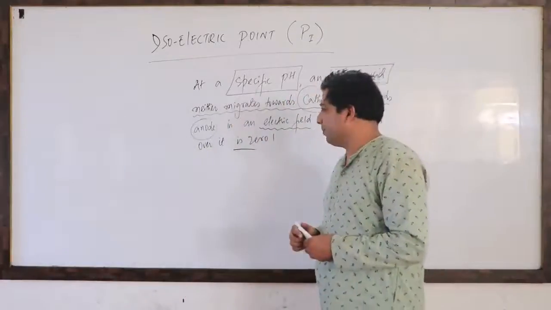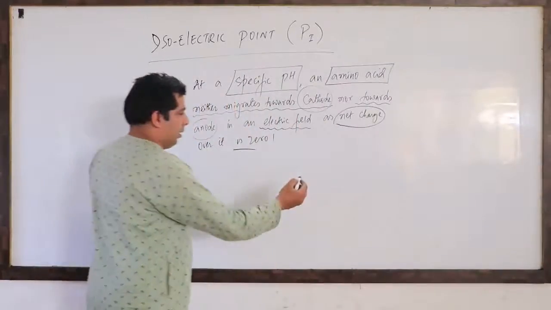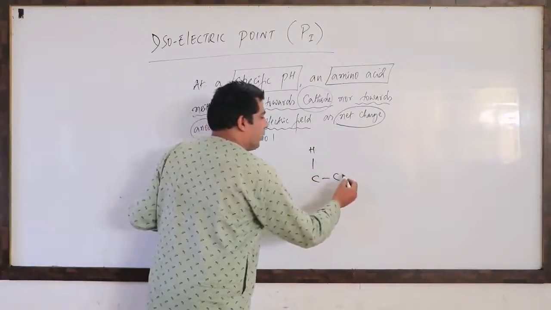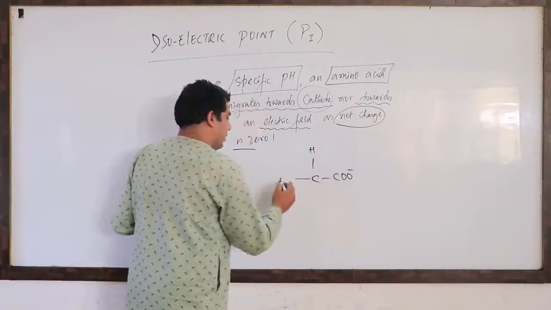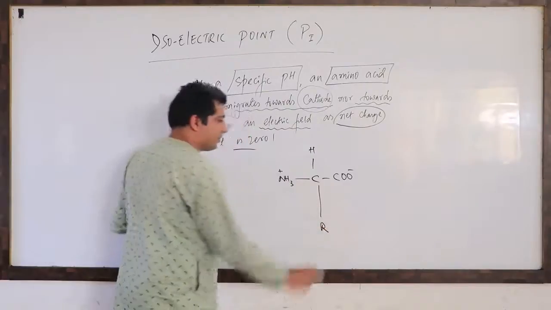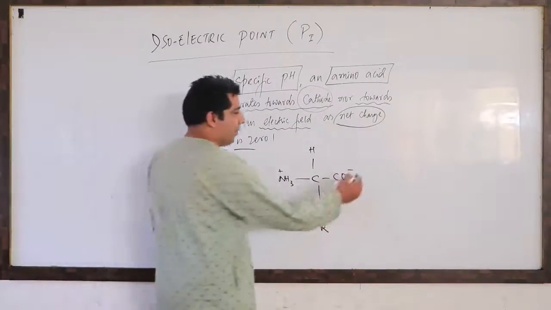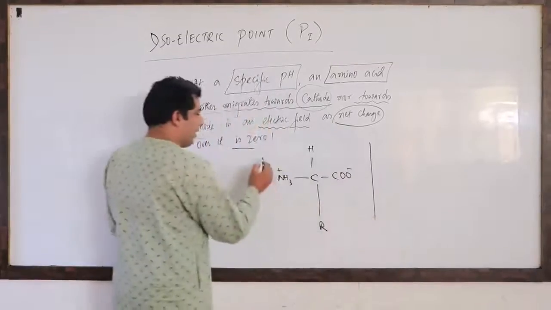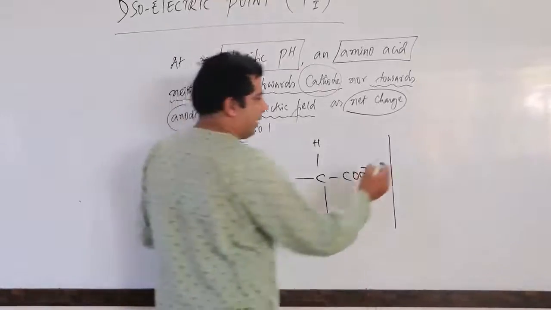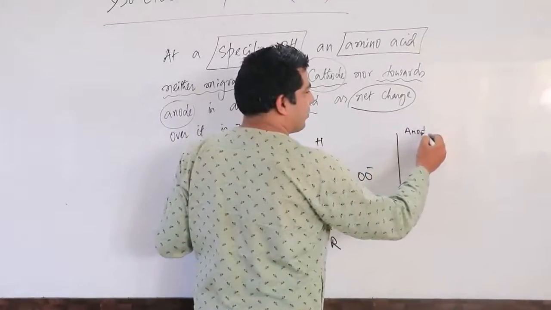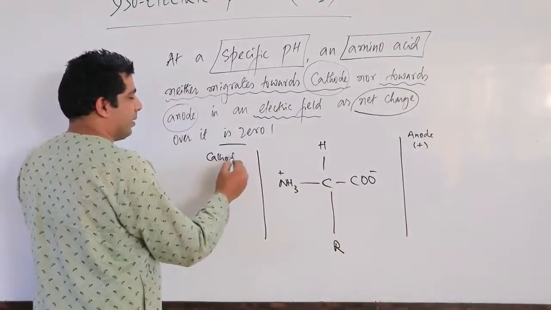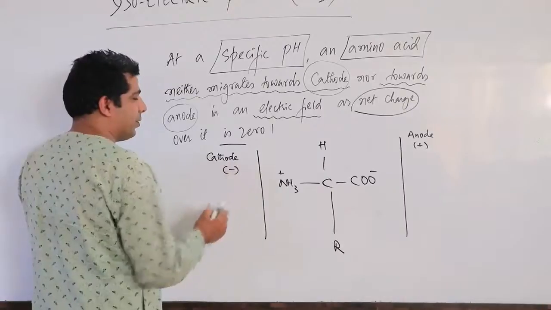Let me give an example here. If we talk about this particular molecule, COO minus and NH3 plus, and here we'll take R, correct? Now, if I place this zwitter ion in an electric field, okay? Here we have anode with a positive charge, and here we have cathode with a negative charge.